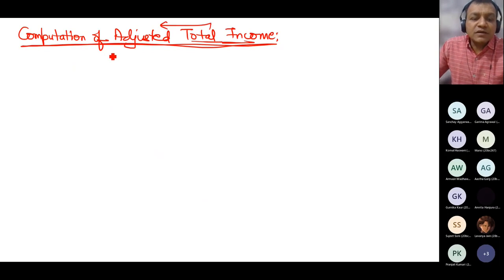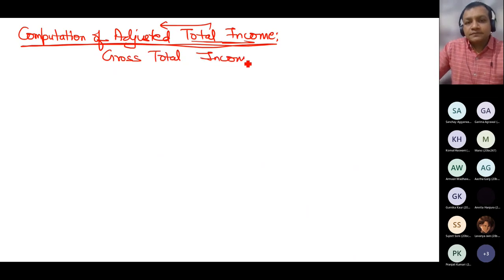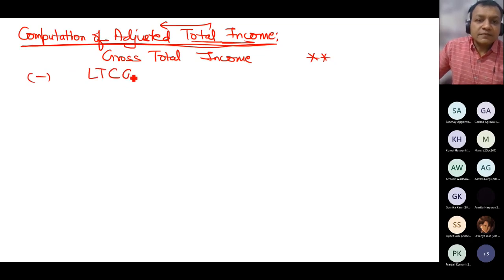So it is computed as follows: gross total income of the assessee minus long-term capital gain. There are two sections where I apply the tax on long-term gain, section 112 and the other LTCG section. Do you remember?